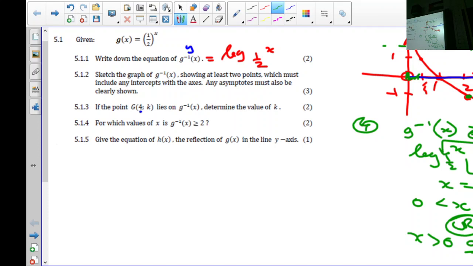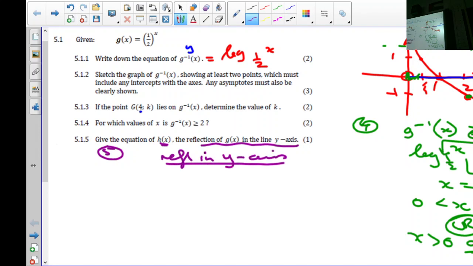Then in question 5.1.5, they said give the equation of h of x, the reflection of g of x in the y-axis. So if something is reflected in the y-axis, the rule is x becomes negative. What is the equation of g of x?